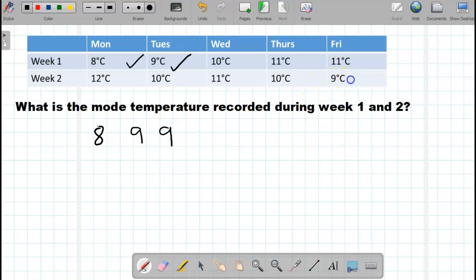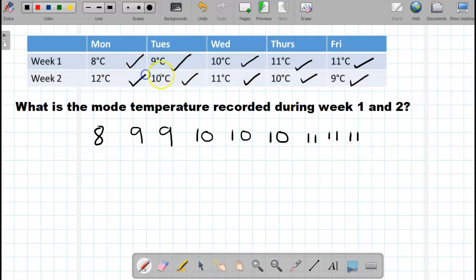Yeah, 2 9s. How many 10s? 1, 2, 3. So I'm going to write 10 3 times. And then I've got 1, 2, 3 11s. And then I've got 1 12 degrees Celsius here.